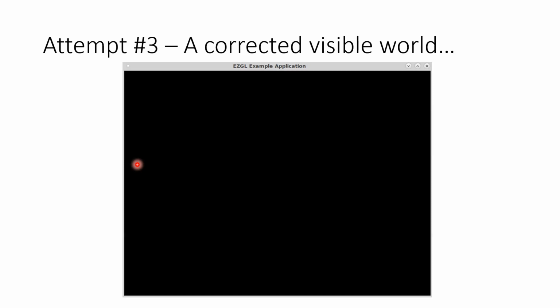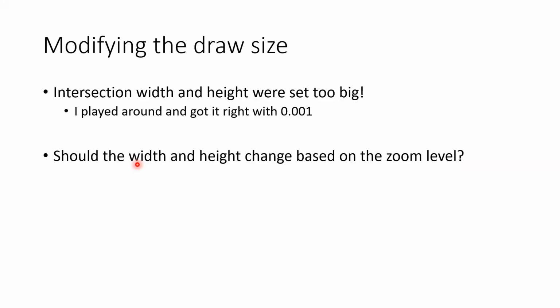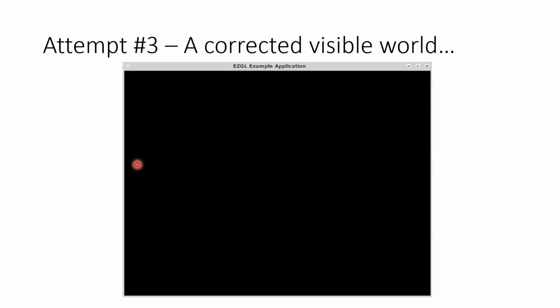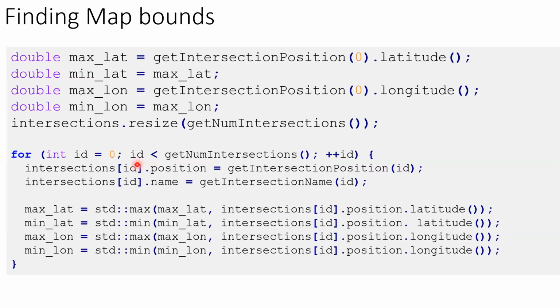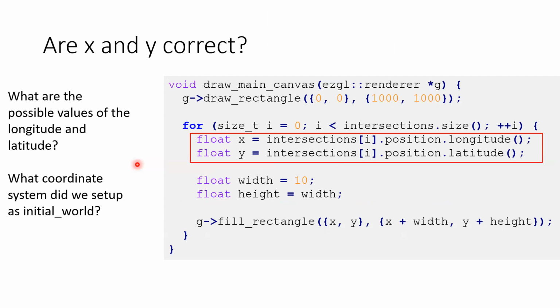And why is this entirely black? So remember, the function looks like this. Why do we see a black screen?